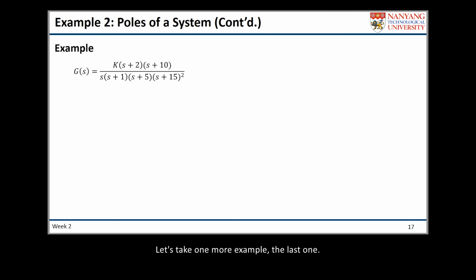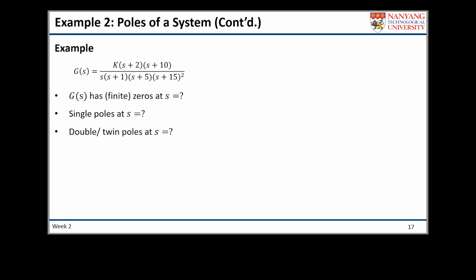Let's take one more example, the last one. I have another system with a transfer function, as you can see in this slide. We are going to identify the poles and the zeros again. So how many poles, how many zeros are there in the system, and what are those? Let's find the zeros of this G(s) first. You can find them immediately from the numerator, right? The values of s that will cause your numerator to equal 0.